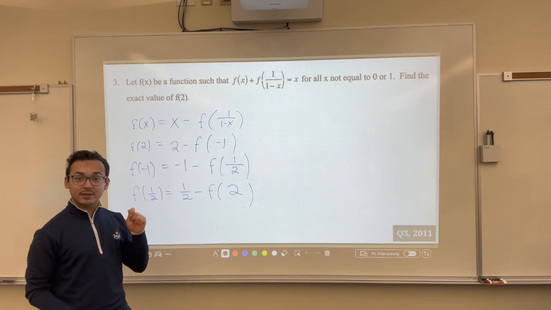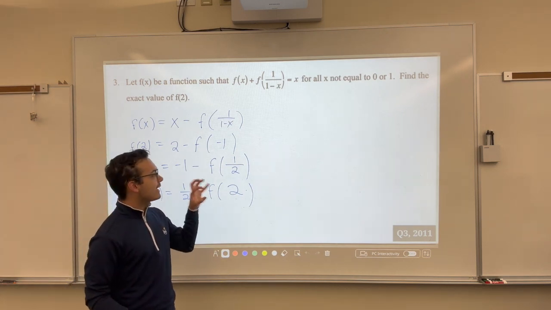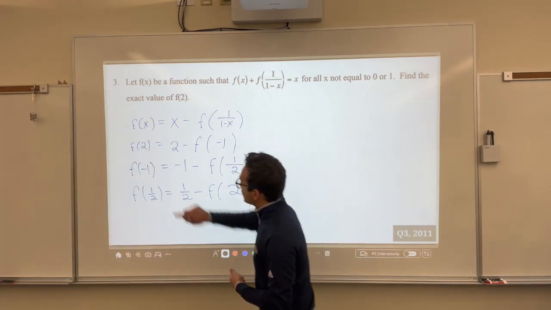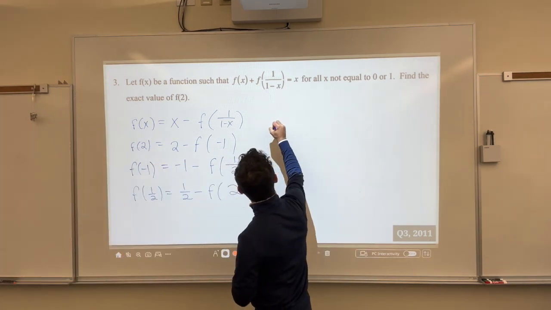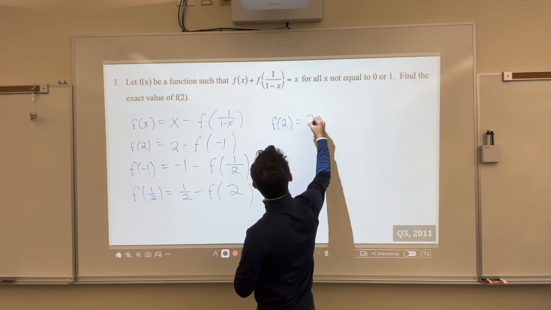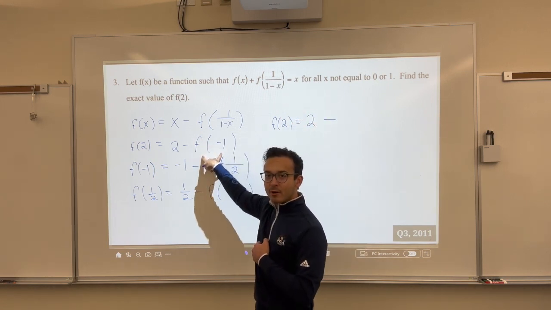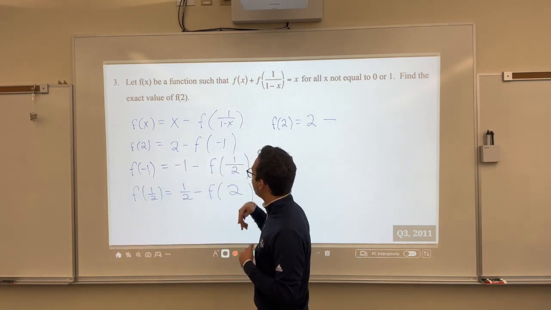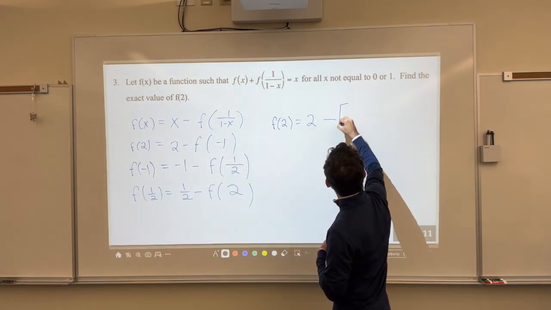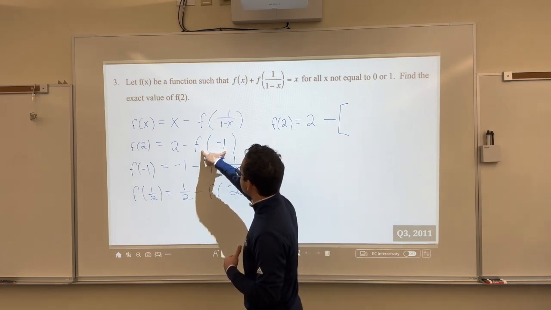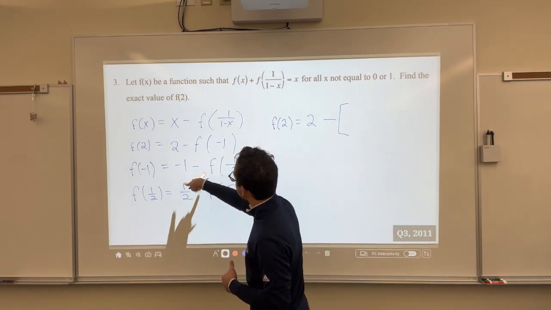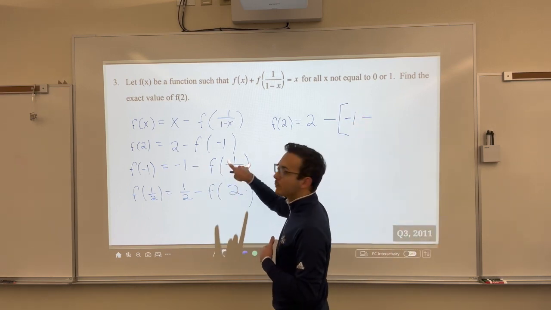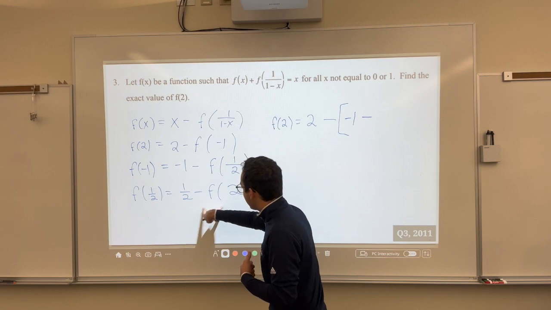Now we just have to be very careful about how we solve for the answer. We have to make sure the parentheses are all in the right place. So let's start with f of 2. I'm going to say that f of 2 is equal to 2 minus f of negative 1. But f of negative 1 is equal to negative 1 minus that. So in brackets, because we're replacing f of negative 1 with this, it's going to be negative 1 minus f of 1/2, but we want to replace f of 1/2 with this.